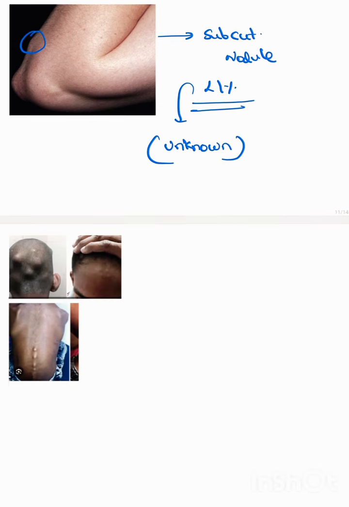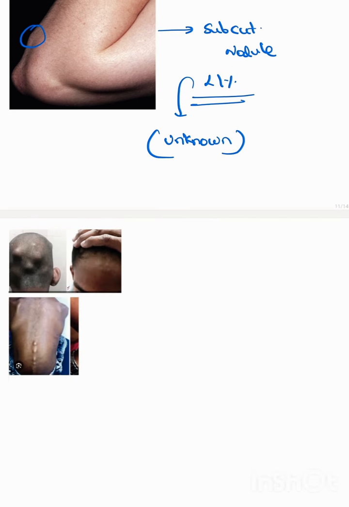To examine the subcutaneous nodule, the classical description is this. Have you noticed keeping your hand over the child's head? It is like blessing the child. This is the blessing sign, which means you keep your hand as if you are blessing the child, and roll your hand from the head towards the occiput and along the spine line, and you will pick up multiple such nodules.